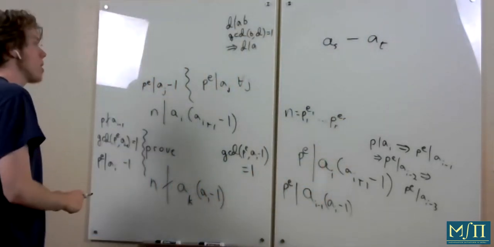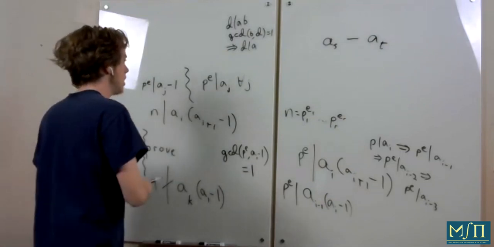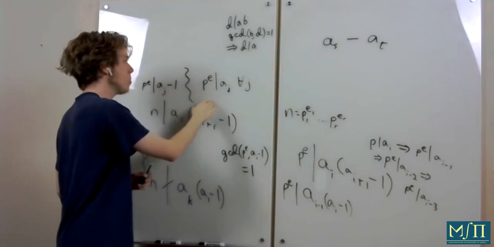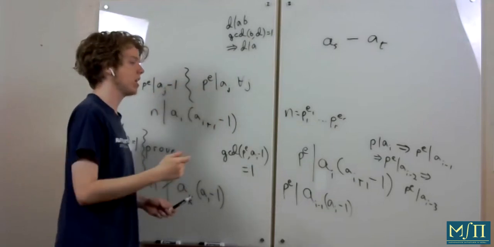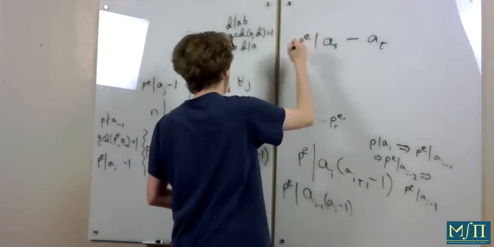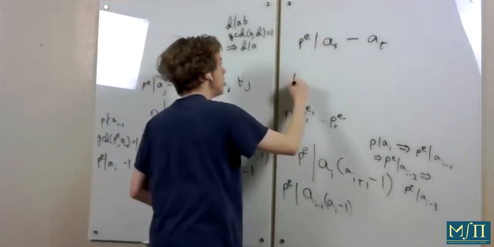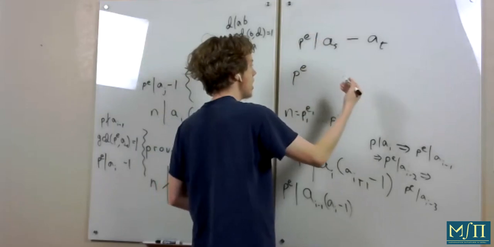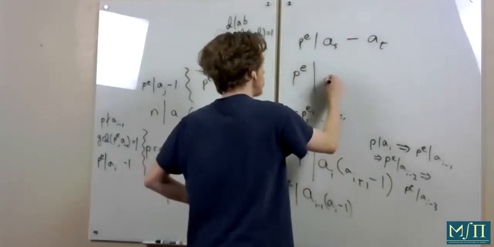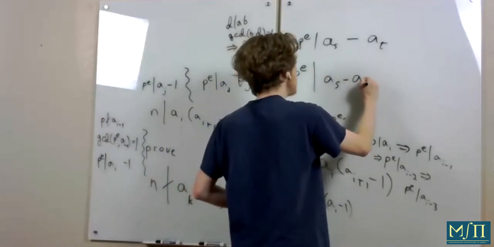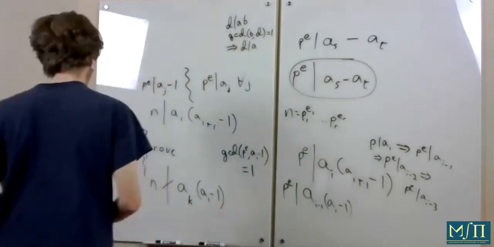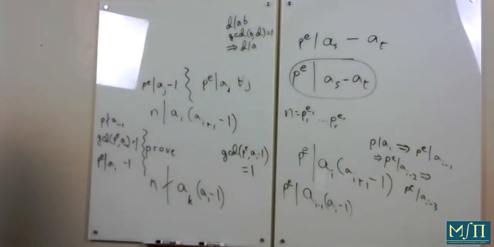For each prime p dividing n, and the exponent e to which we want to raise it, either p to the e divides both a_s and a_t, in which case it divides their difference, or p to the e divides a_s minus 1 and a_t minus 1, in which case it divides their difference, which is again a_s minus a_t. So in any case, this number divides a_s minus a_t.